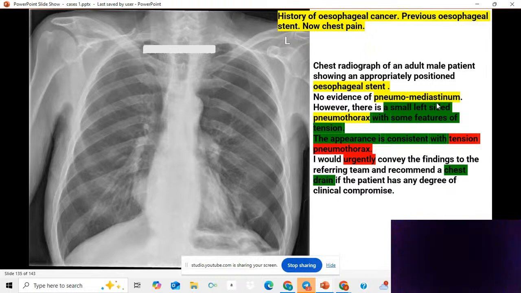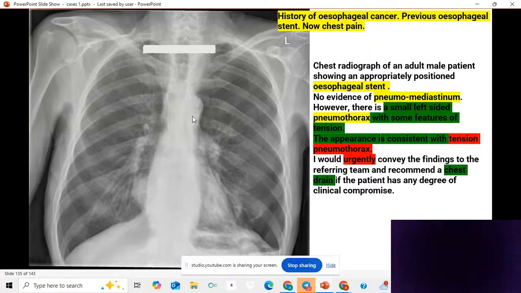However, there is a small left-sided pneumothorax with some features of tension. The features of tension here are seen as mild depression of the left hemidiaphragm, and you can see here widening of the intercostal spaces.